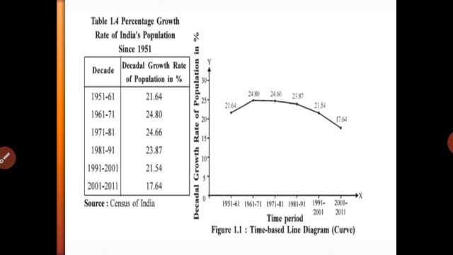Here an example is given. Table 1.4 shows the percentage growth rate of India's population since 1951. The table shows the decades and the decadal growth rate of population in percentage. You can see the decades since 1951: 1951 to 61, 1961 to 71, 1971 to 81, 1981 to 91, 1991 to 2001 and last 2001 to 2011.